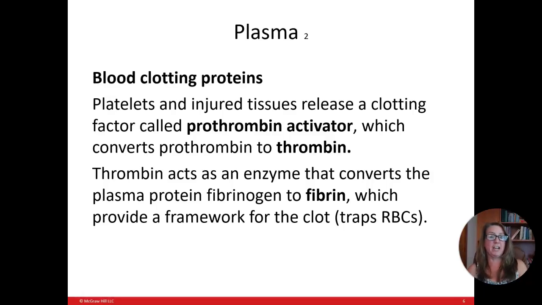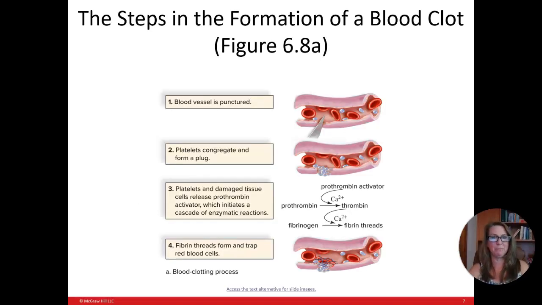Now, enzymes are actually proteins, and that thrombin is going to convert the plasma protein fibrinogen to fibrin. And that fibrin, just as its name implies, is like fibers that are going to form a network for the clot. So you're bleeding, and this fibrin is beginning to form the network that traps the red blood cells and platelets so that you have that scab.